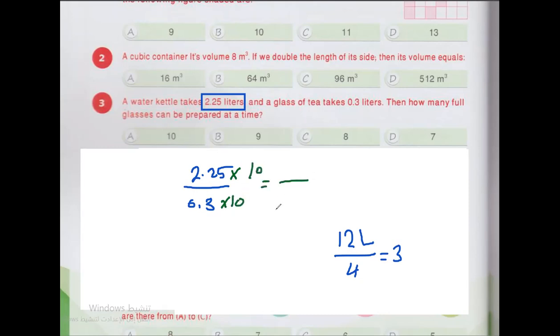Then the denominator will be 0.3 times 10 is 3, and the top would be 22.5. Correct. So how do I divide? You approximate. What is the number that is divisible by 3? I think it is 21, right? 21 divided by 3 is 7. So the answer is 7. Right, so the answer is going to be D.